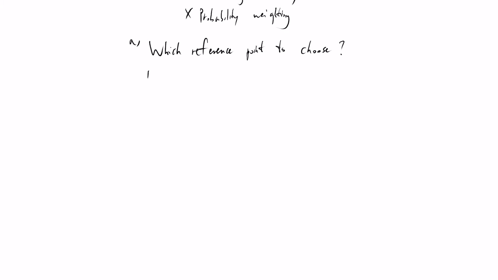So let's consider: expect nothing, he gets $10. What is his utility? His utility would be V(10 minus 0), which is 10.